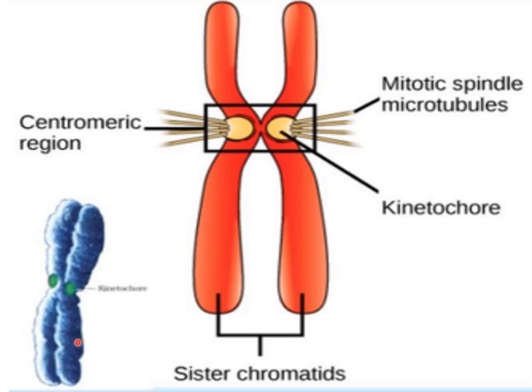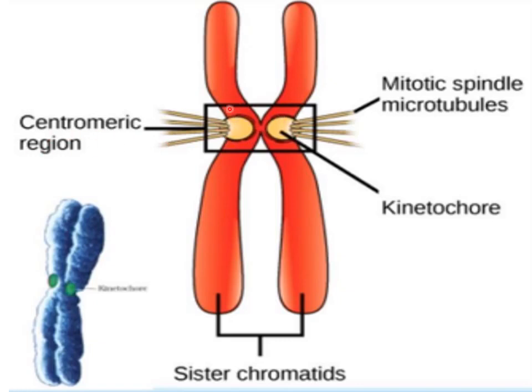Now, what are the parts in this chromosome? First of all, you can see this constriction here. This is called the primary constriction, and this part is called the centromere, or centromeric region.